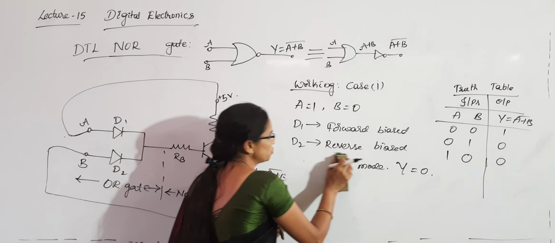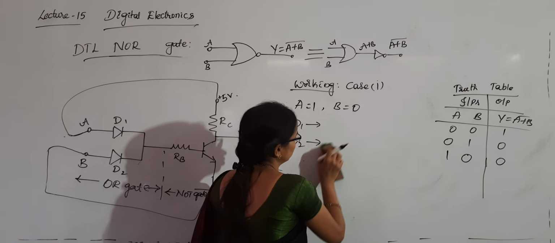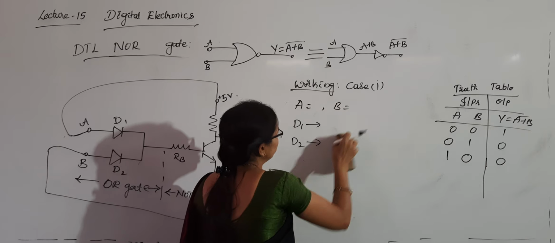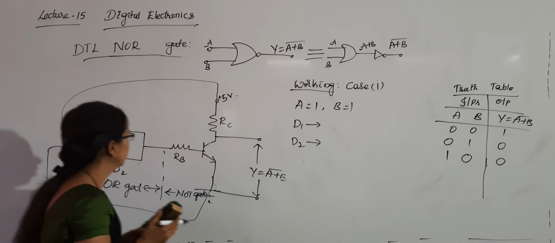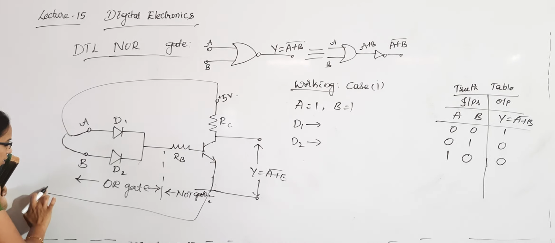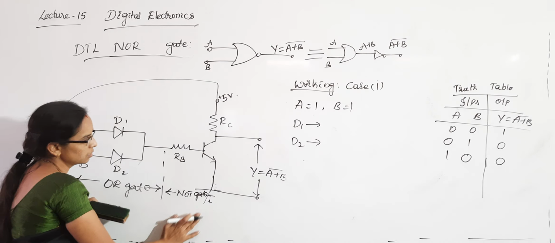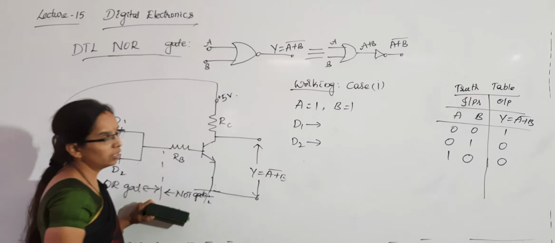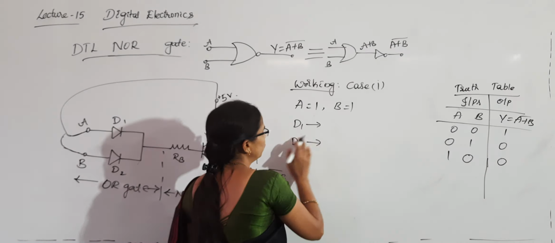Okay, the next one, when both A and B are 1, 1, both diodes are forward biased. So current flows through both D1 and D2.